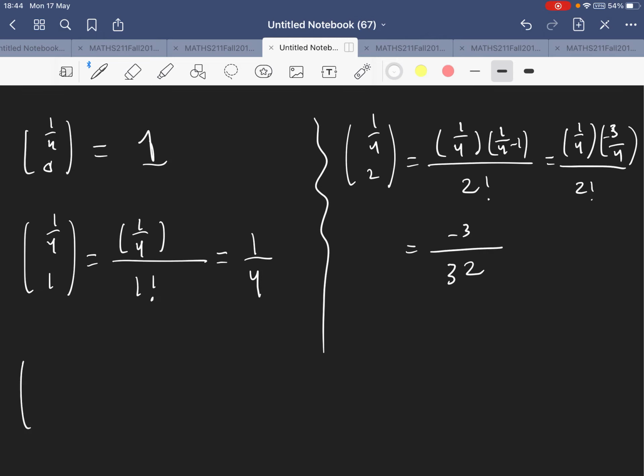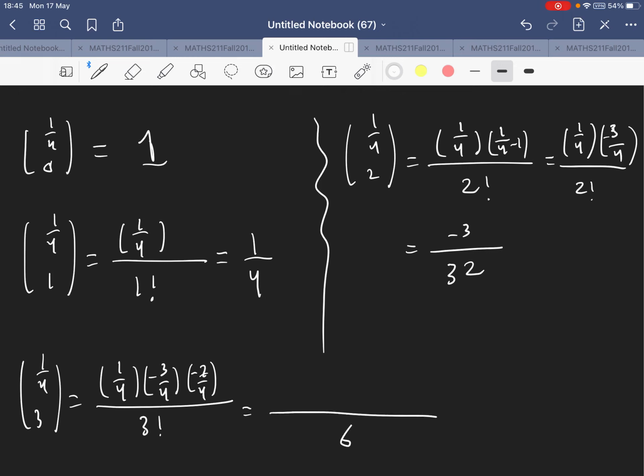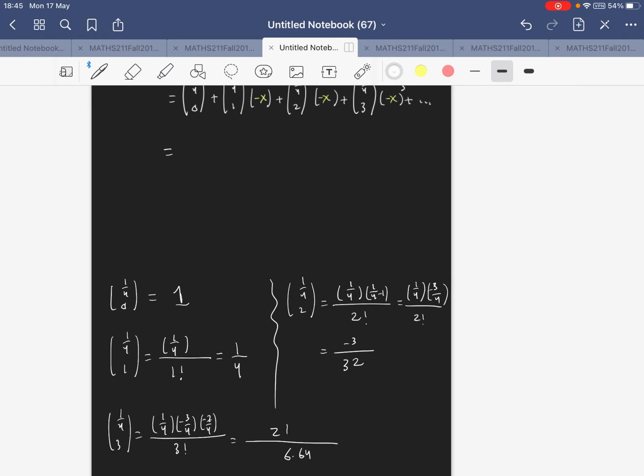And the last is 1 over 4 choose 3, which means we multiply 3 things: 1 over 4, negative 3 over 4, and then if we take 1 more, negative 7 over 4. So this gives 6 over 64, and then 21. We take those numbers and plug them in.